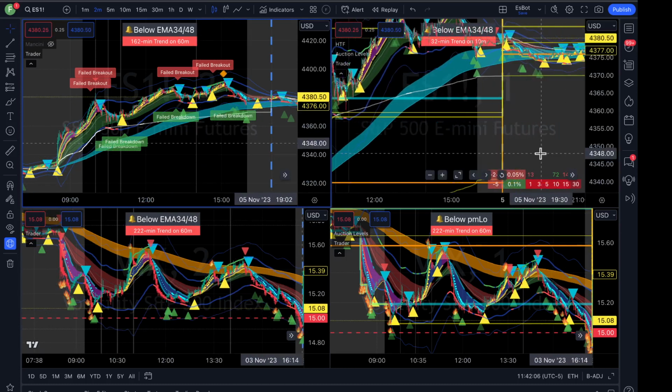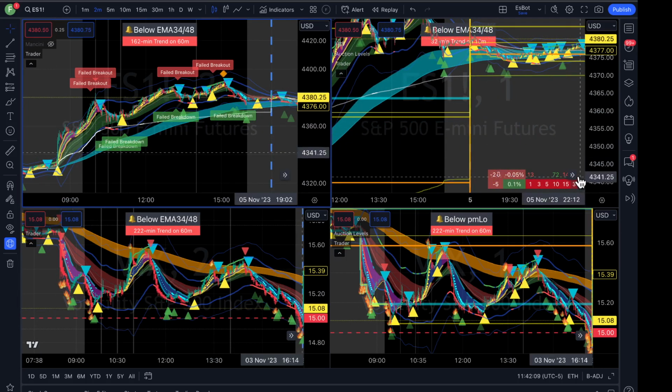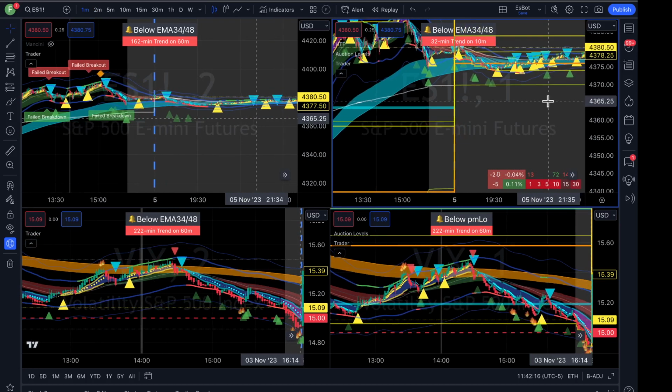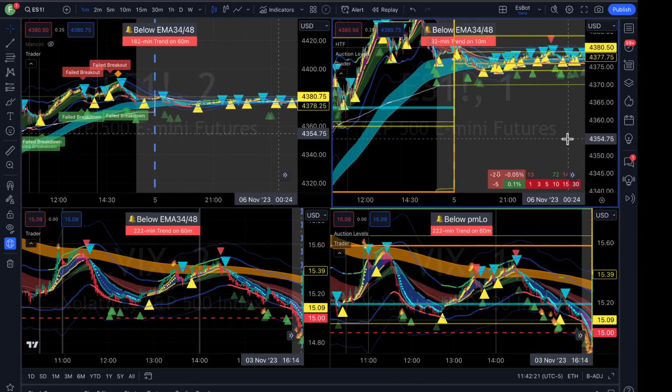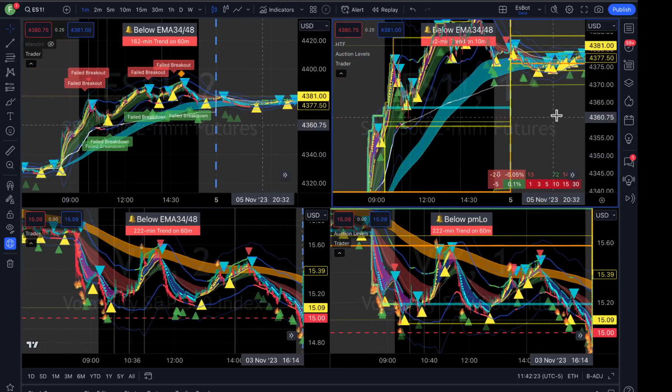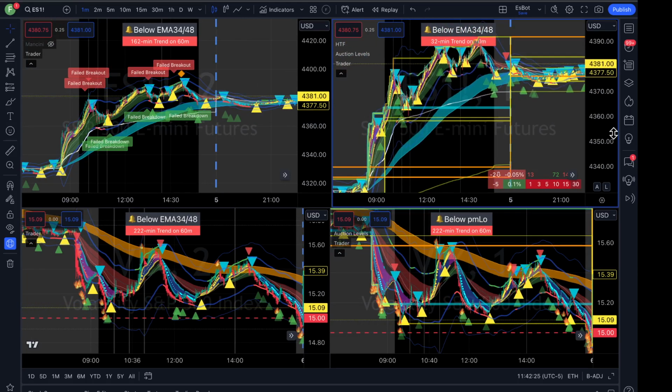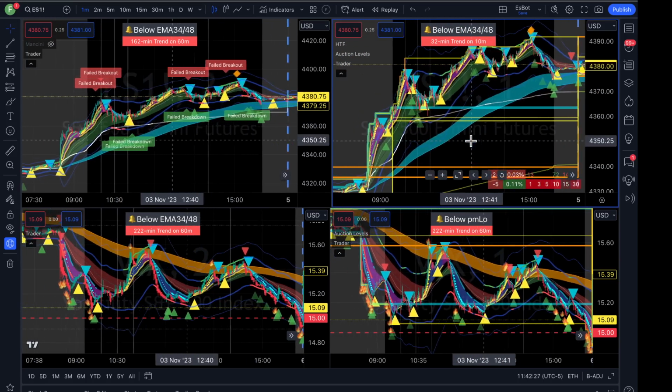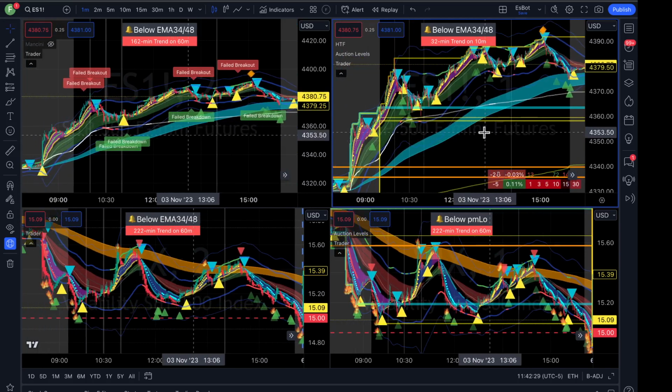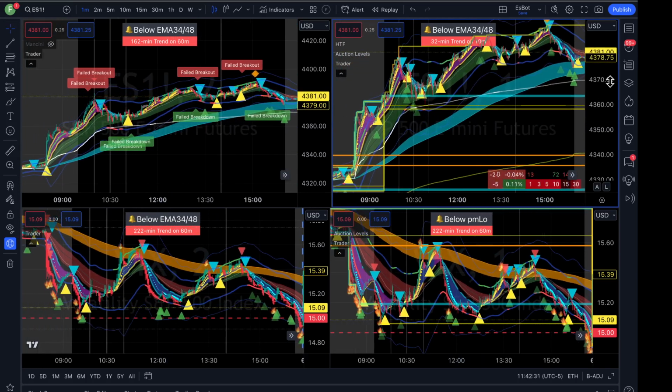Now, getting back to Andre's question, what if at the higher time frames we're bullish or bearish, the opposite of what we are at the lower time frames? Obviously that just simply means that there's more noise. It's not necessarily an A plus setup.